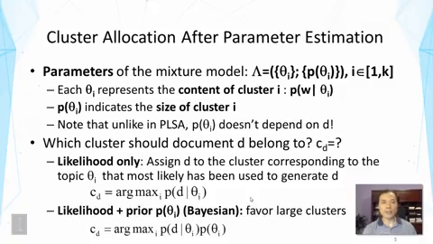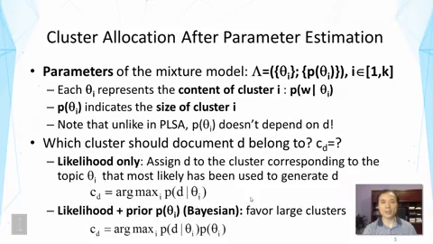Note that unlike in PLSA, this probability of theta i is not dependent on D. You may recall that the topic choice in each document actually depends on D. That means each document can have a potentially different choice of topics. But here we have a generic choice probability for all the documents.